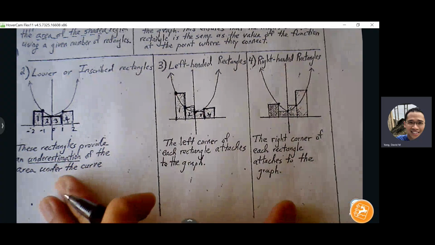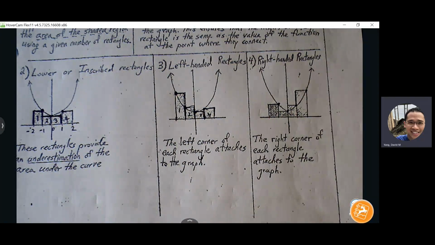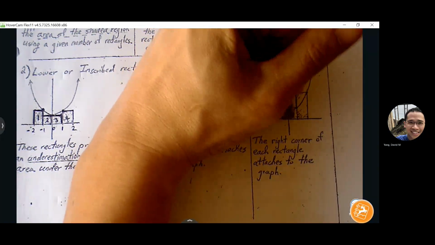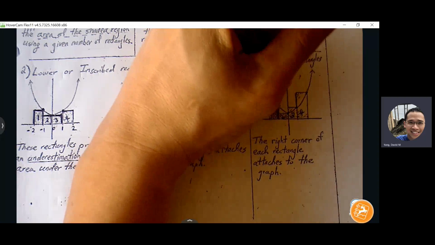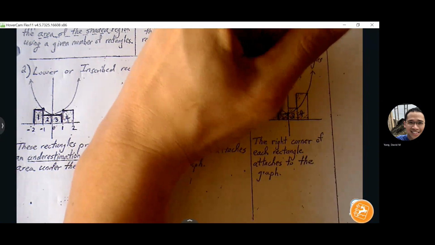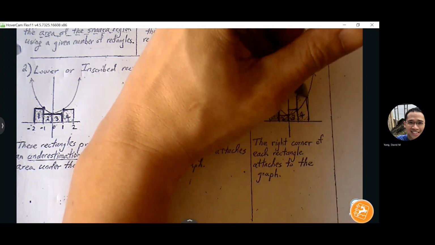Likewise, right-handed rectangles doesn't really care about whether the rectangles are above or below the curve. It just wants you to use the right endpoint of each subinterval to represent the height of that subinterval.